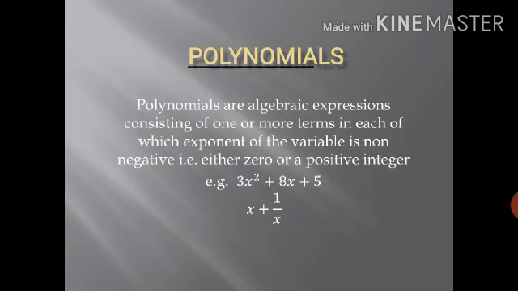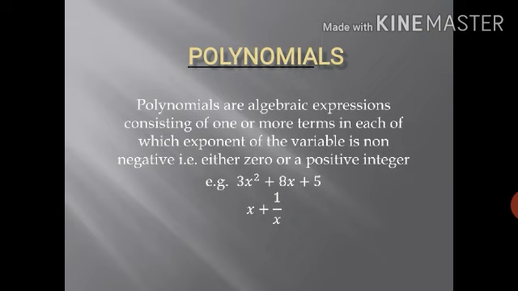But the power in polynomials will be positive or 0. It cannot be negative. It cannot be written in fractional form. If the power of the variable is fractional or negative, then it will not be a polynomial. Polynomials will be only those algebraic expressions which have only non-negative integers in the power.